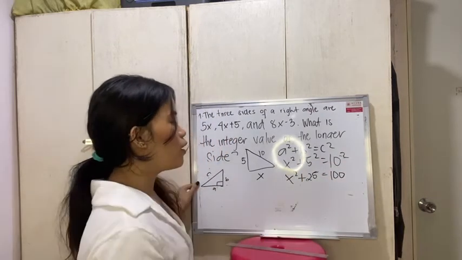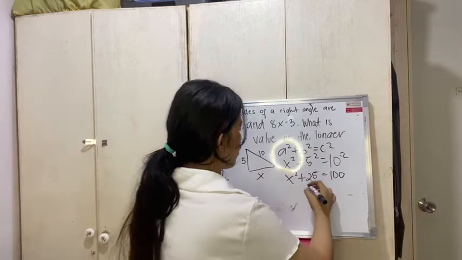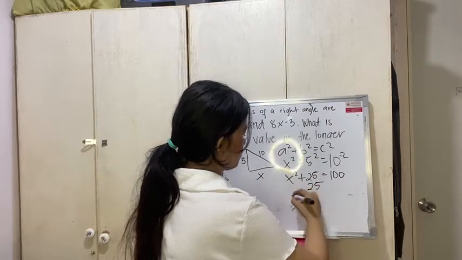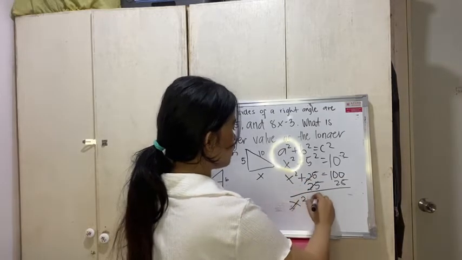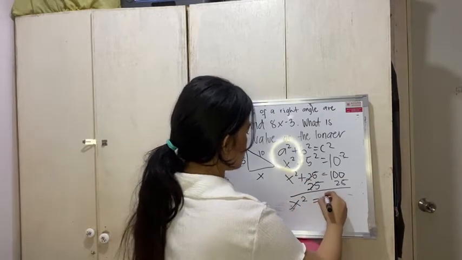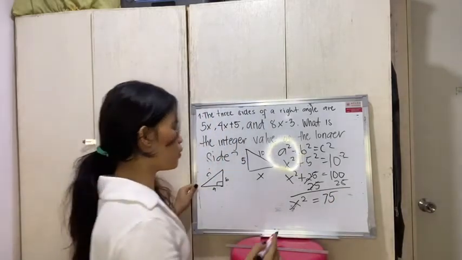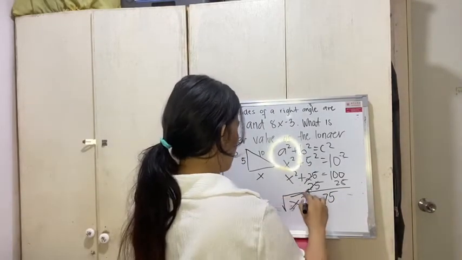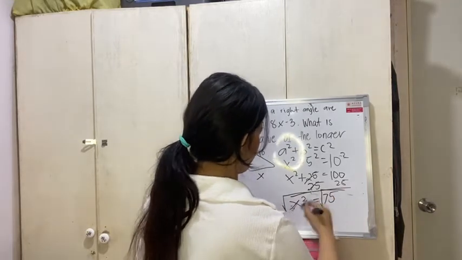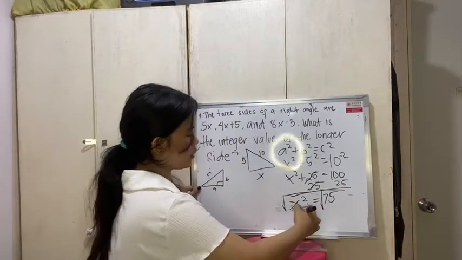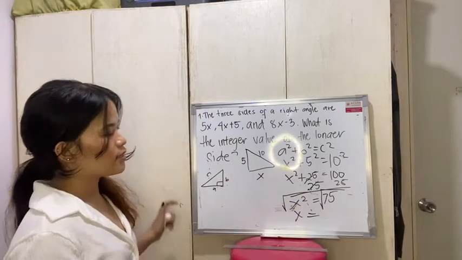Now we are going to subtract both sides by 25. So x squared equals 75. Our next step, we are going to square root both sides. The square root of x squared is x. So what is the square root of 75?